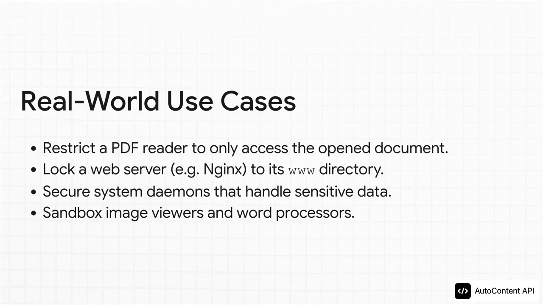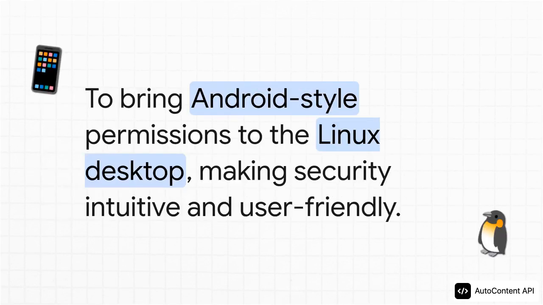A web server, even if it gets compromised through some vulnerability, would be trapped and couldn't access anything outside of its www directory. All those everyday apps we use, image viewers, word processors, you name it, could be neatly contained, which would drastically reduce the damage an exploit could ever do. And all of this is really heading in one very exciting direction, bringing that simple, intuitive permission system we all know from our phones over to the Linux desktop.